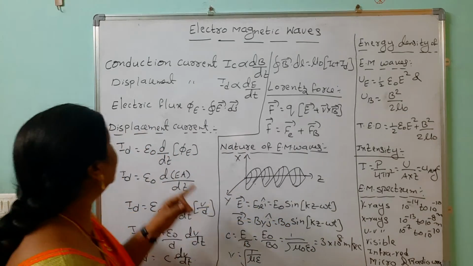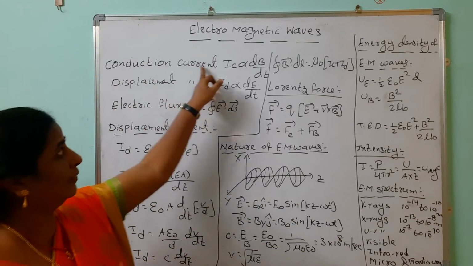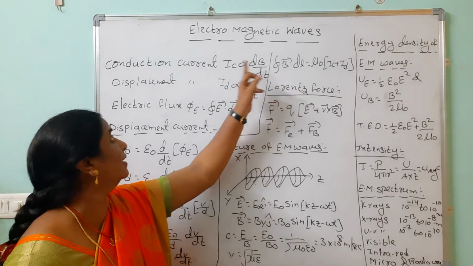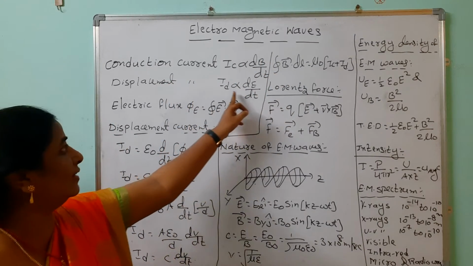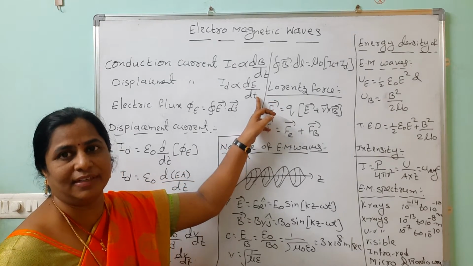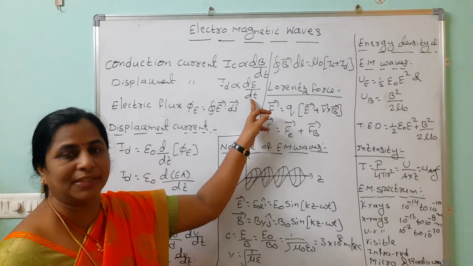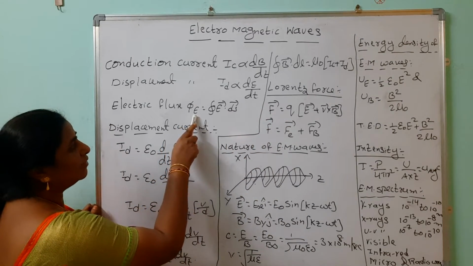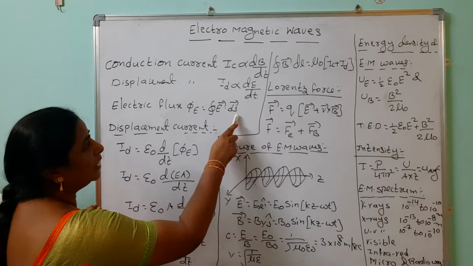Anyway, come to this point: conduction current is directly proportional to the rate of change of magnetic induction. Then displacement current is directly proportional to the rate of change of intensity of electric field. So this is the new term here. Then you know that, in the previous chapter, electric flux equals the integral of E dot dS.